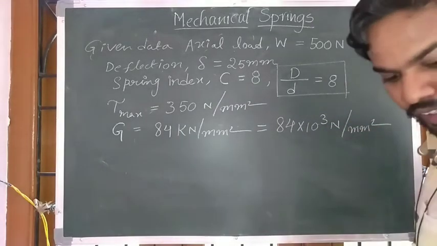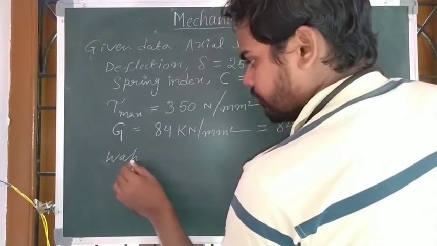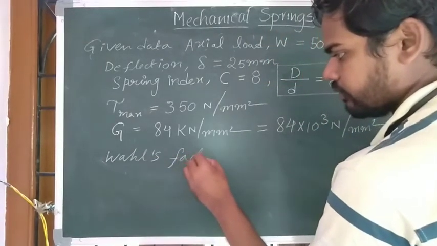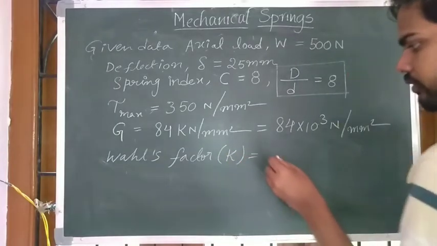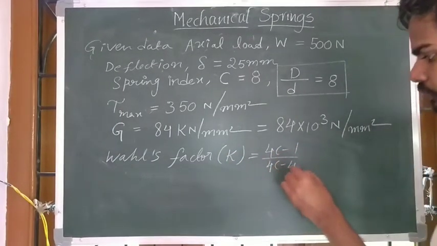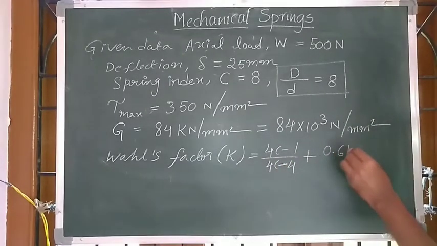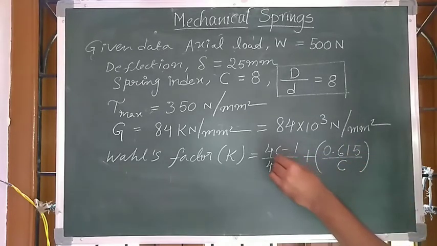Next, Wahl's factor, denoted by K, is equal to (4C minus 1) by (4C minus 4) plus 0.615 divided by C. So substitute the C value.